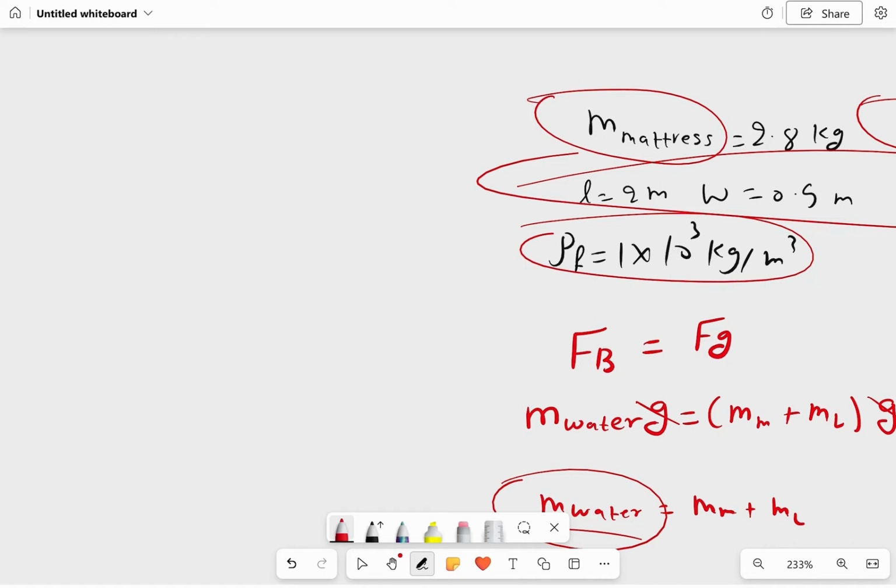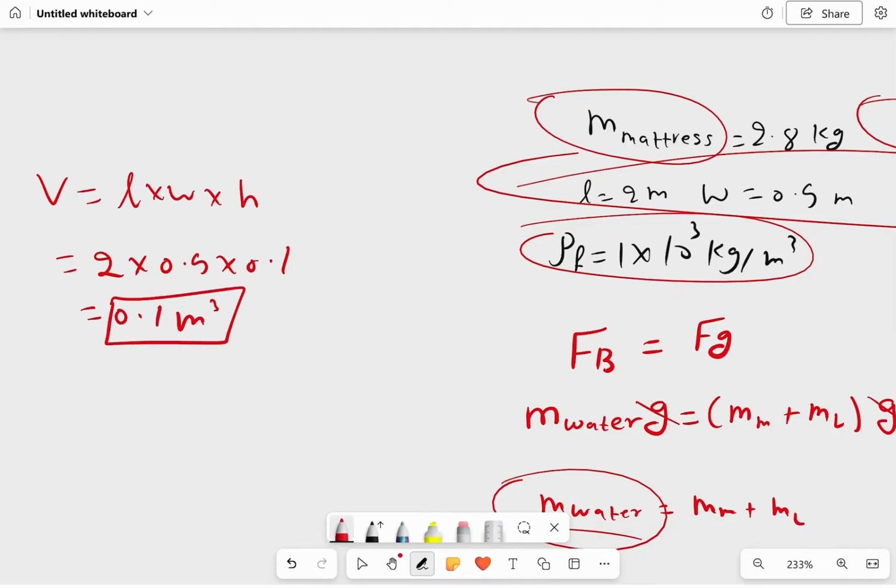Volume is equal to length times width times height. You have 2 times 0.5 times 0.1, which is equal to 0.1 meter cubed. We found volume.